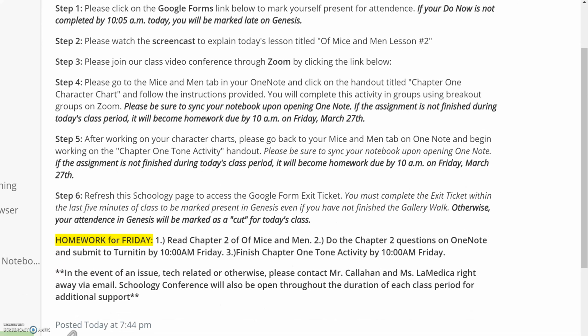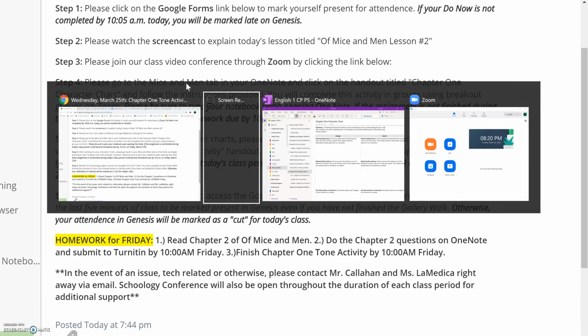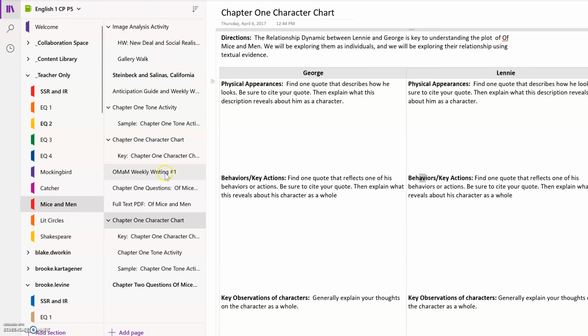Okay, so what is today's lesson? Before we go to Zoom, you're going to go in OneNote, and there's going to be a character chart right here, the Of Mice and Men character chart. Once you've logged into Zoom, and we've met each other and said hi, we're going to split you up into breakout rooms, and you're going to go over these character charts.